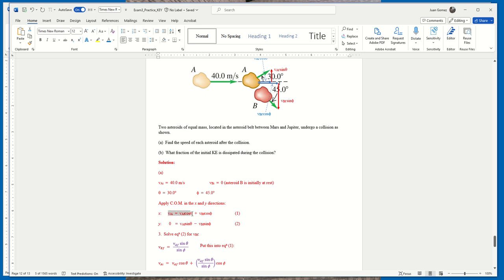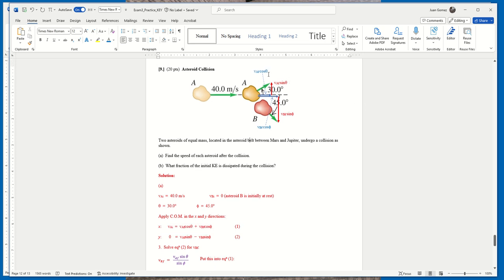The final momentum in the x direction is VA final cosine theta plus VB final cosine phi.